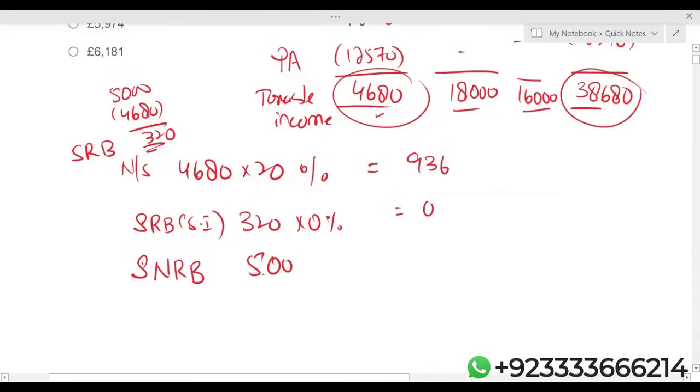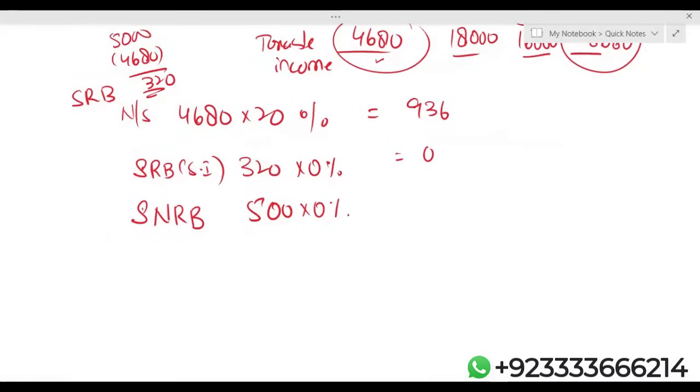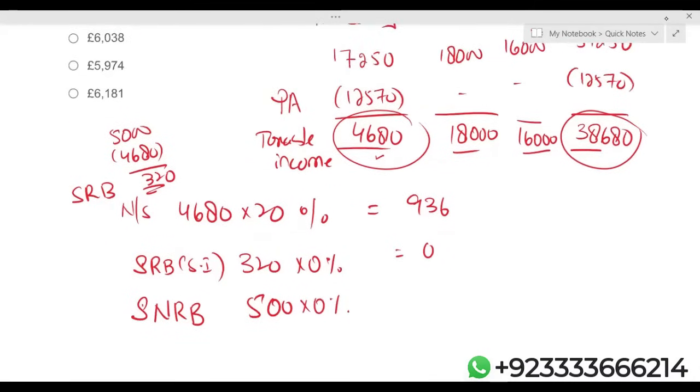Because this individual is a higher rate taxpayer. How did we know this? Because if you look at the last column, taxable income total, which is 38,680, which is more than the basic rate band limit, which is 37,700. So obviously this individual is a higher rate taxpayer, because 38,680 is not exceeding 125,140. We know that if an individual is an additional rate taxpayer, then they do not get any nil rate band for the saving income. But this individual is a higher rate taxpayer.